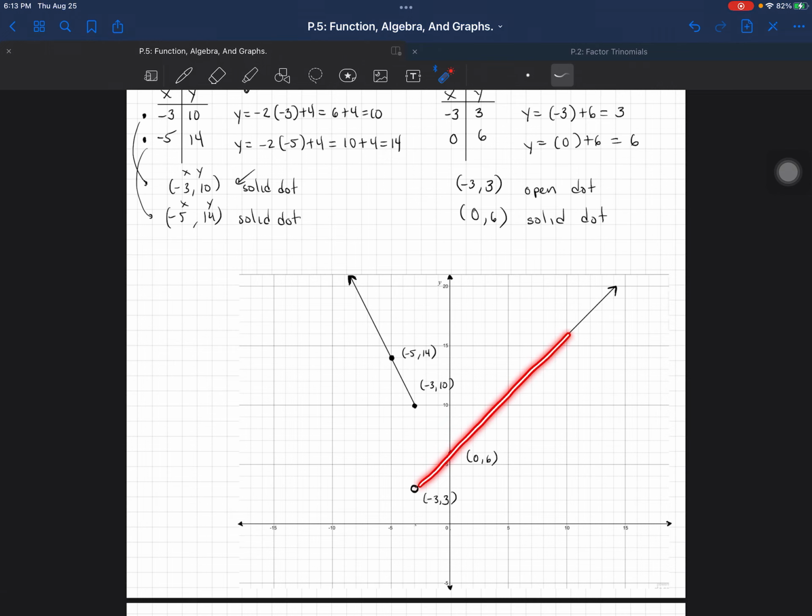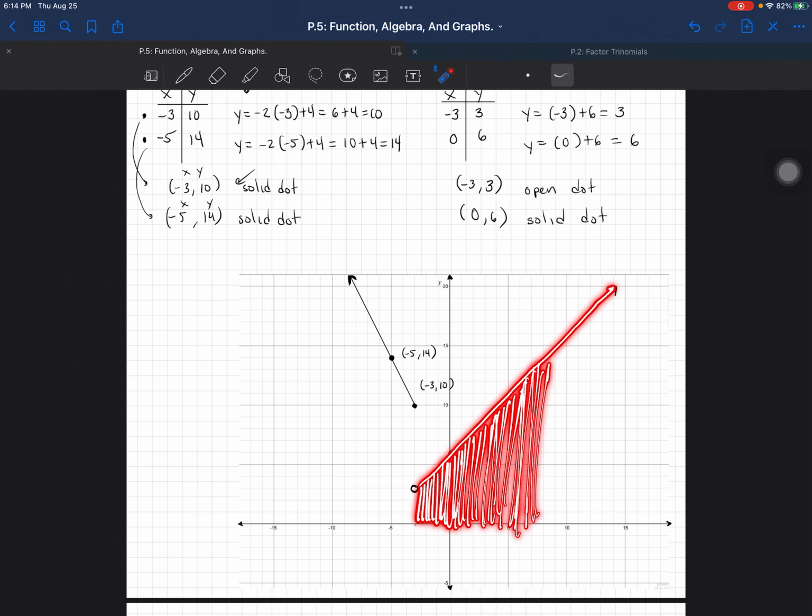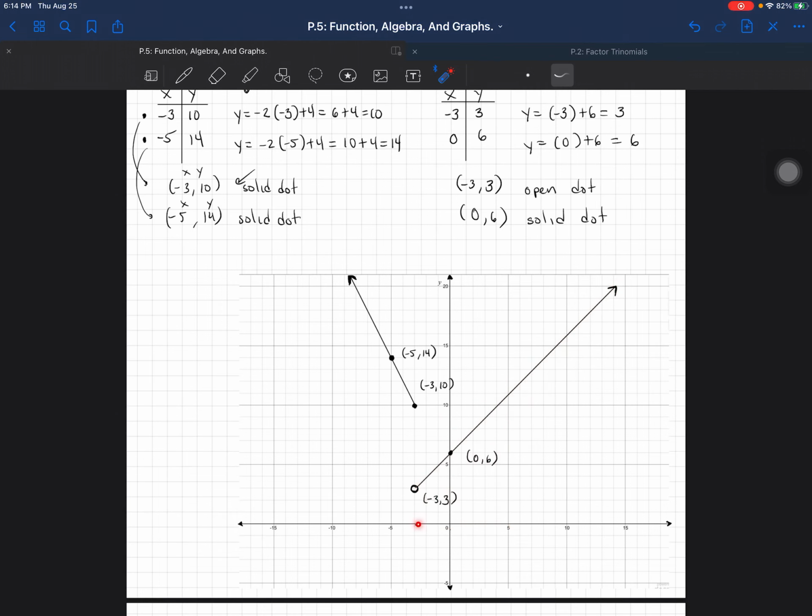So in fact, because it is a straight line, it has infinite points, so it's actually covering all those points. If you think about creating a shadow of this graph onto the x-axis, the shadow is going to look something like this. So a reflection of that function onto the x-axis, except that here it would be a circle because of that hole right there.